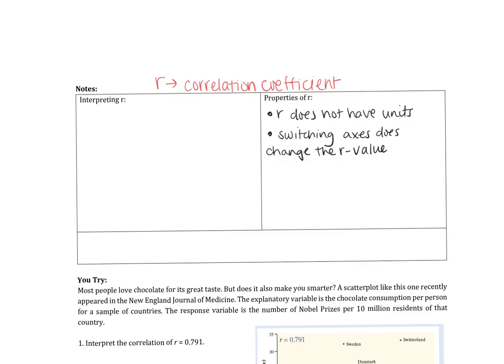Okay. R is non-resistant to outliers. So if you throw an outlier in there, stuff is going to happen. If the outliers are in the pattern, that strengthens the correlation.